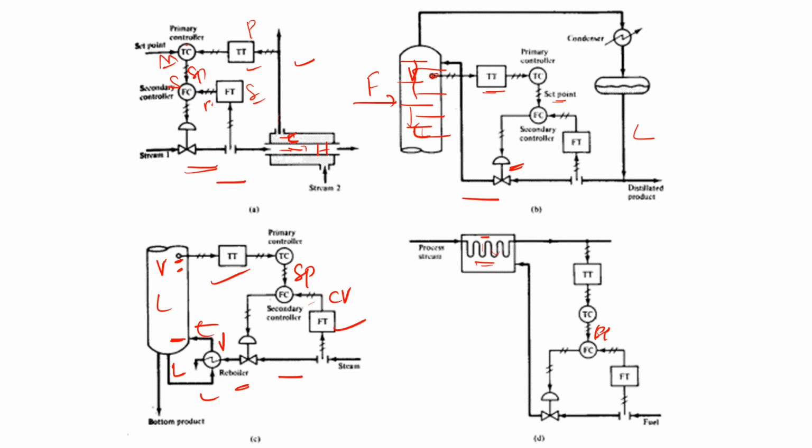Okay. So to attain this temperature, I need to monitor two important measurements. One is the temperature and the other is the flow rate. So measure the flow rate. Here is the fuel, which is used for combustion, and then that will heat the temperature of this process stream. Okay, so you measure this temperature and you measure this flow rate as well, then decide the controller output, that becomes a set point.